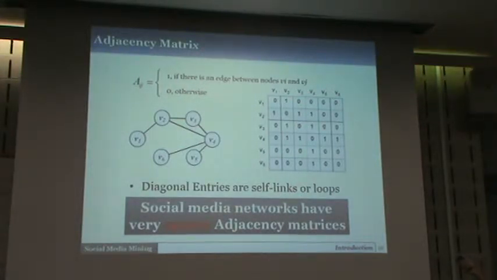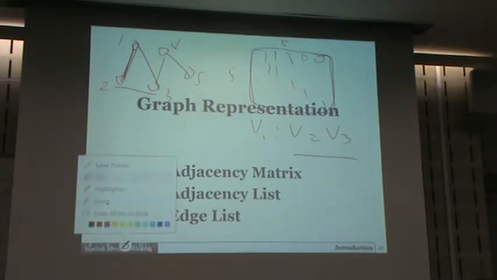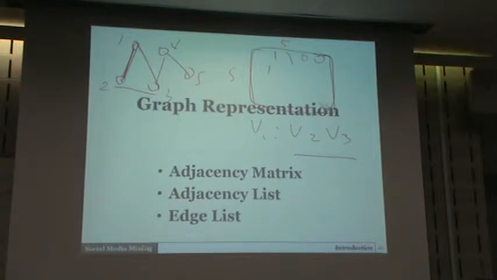So if V1 is a 0, okay? So in this case, I realize how to erase. It's getting better. So we can put 0 for the same node. Okay, that is the adjacency matrix.